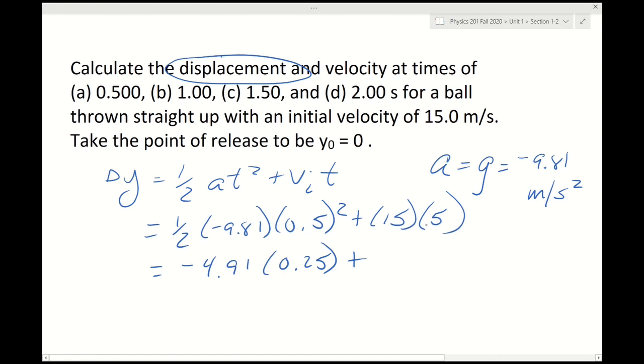And this is a 0.5, not a 5. So that's going to be 7.5. Now I'm going to double check my calculation, but a negative 1.2275. I'm going to carry the extra decimal values right now inside the calculation and worry about rounding at the end.